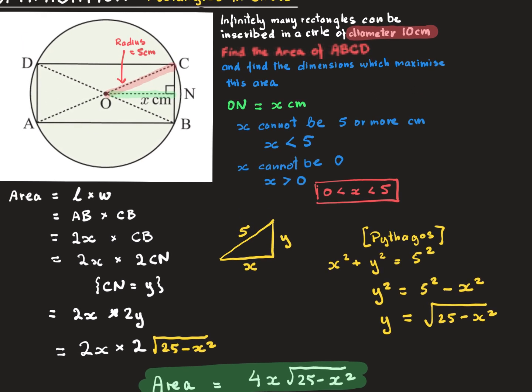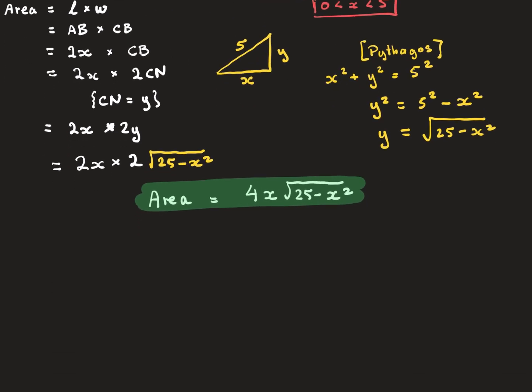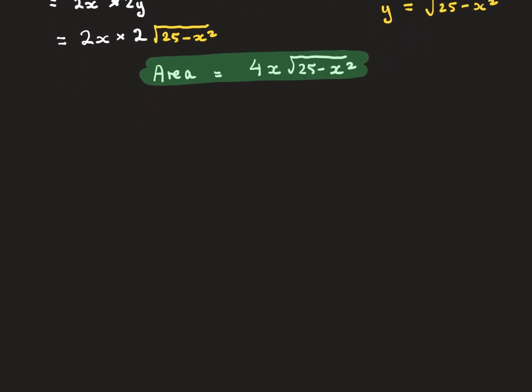Now, as we're wanting to find the dimensions which maximize this area, we will need to differentiate this formula. To make it more friendly, I'm going to rewrite this again as area is equal to 4x times 25 minus x squared to the half, and use it in its exponential form because it'll be easier to differentiate.